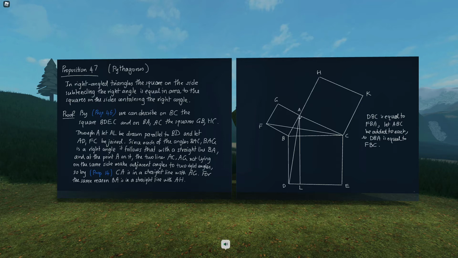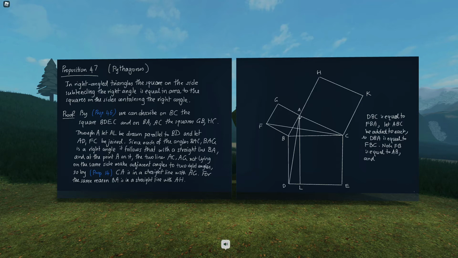So let's locate these angles. DBA is this angle here, and FBC is that angle there. So they're equal. We're aiming to prove that these two triangles are actually equal. So for that, we just have to argue that that side is equal to that side, but they're a square. That's a square, so those are equal. So note FB is equal to AB.